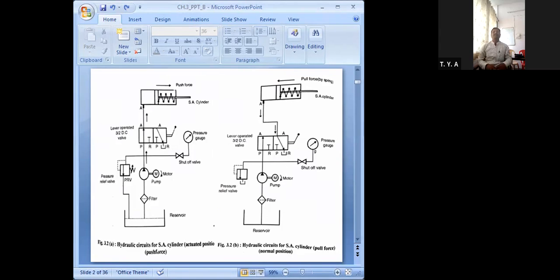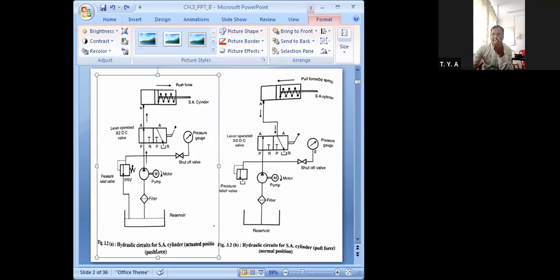SM stands for the single acting hydraulic cylinder. So the control of this single acting cylinder, how to represent it with the help of a circuit diagram, I have shown. You can see here this is a circuit of a two position, three port, or 3x2 valve you can call it. 3x2 direction control valve.